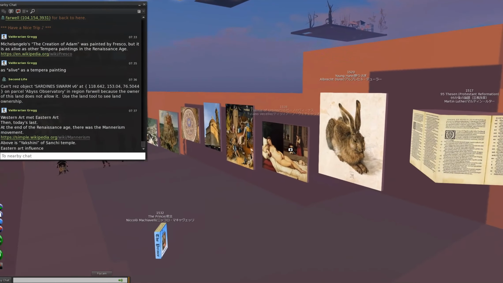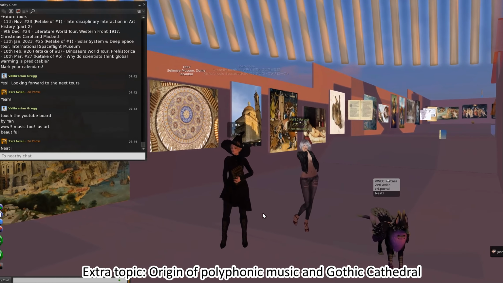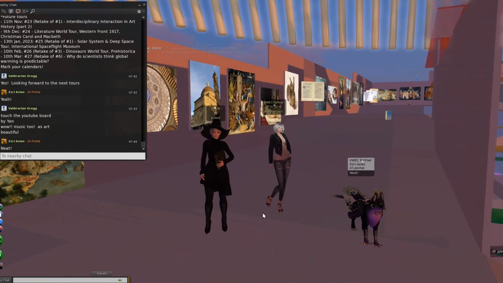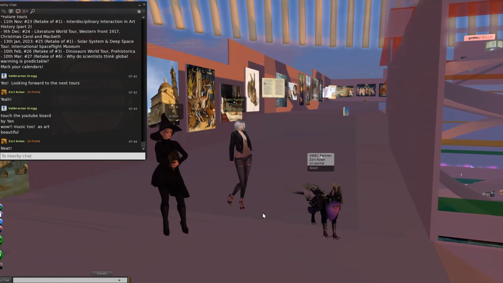A Gothic church is a very huge space. It gives us a very good sound effect. So people willingly gave money to the church.